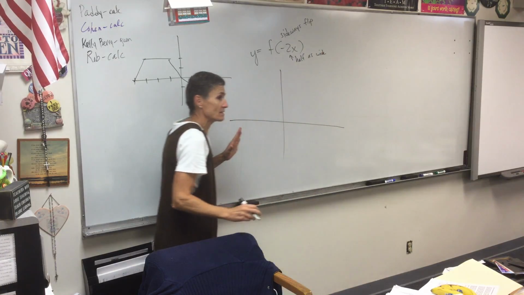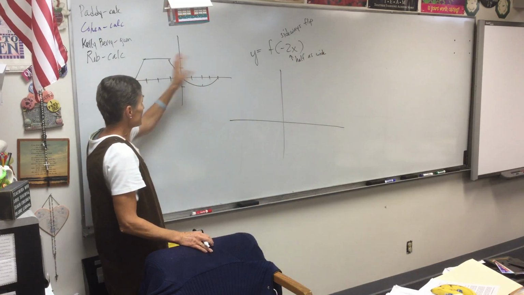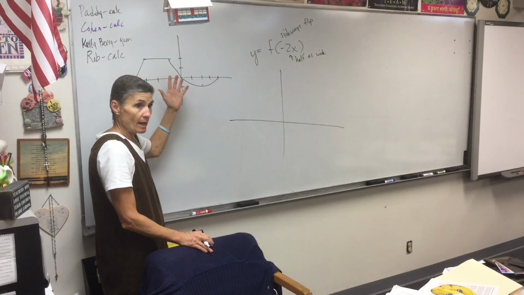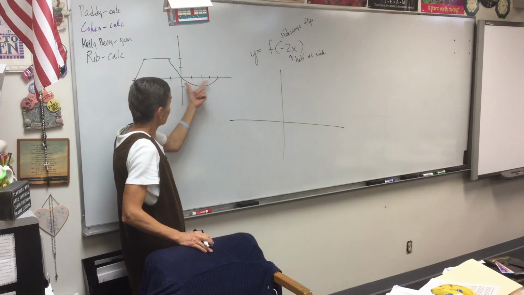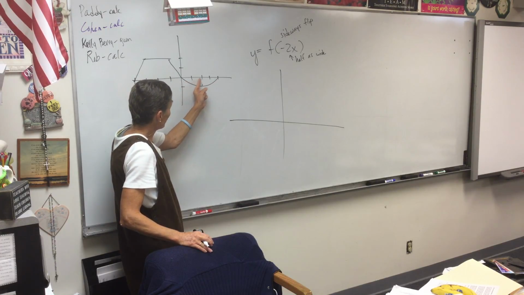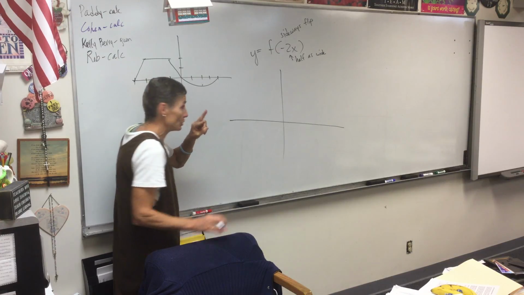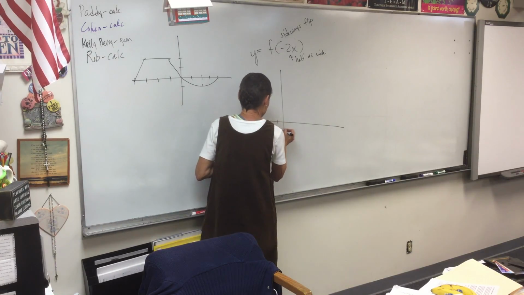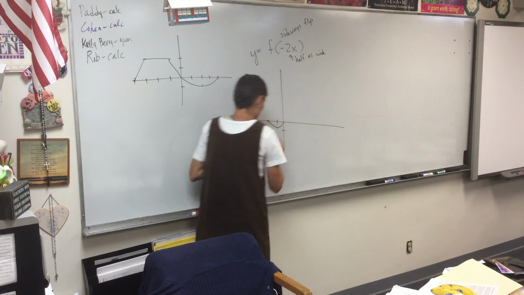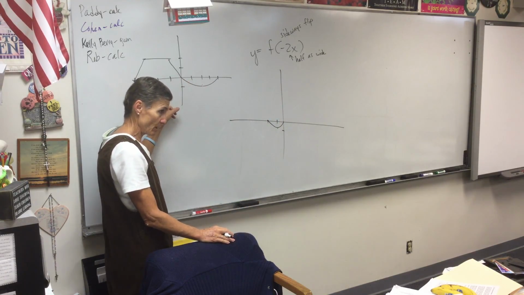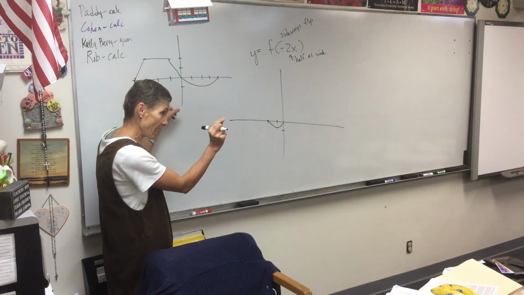So what does sideways flip mean? Sideways flip means the trapezoid's over here and the circle's over here. Half as wide means this circle right now is how wide? 1, 2, 3, 4. So now it's only going to be 2. And it's going to be on this side. So there's the circle, sideways flip, and it's half as wide.